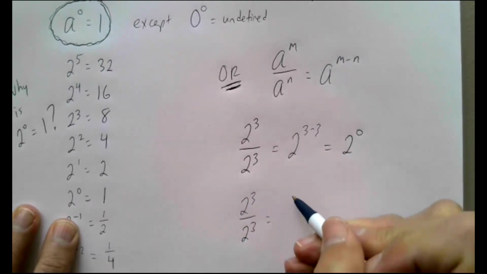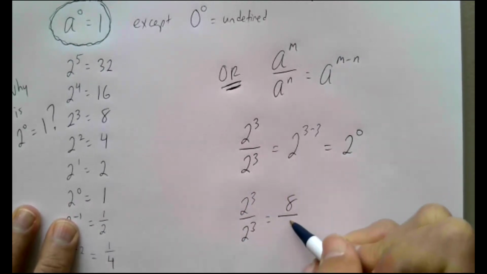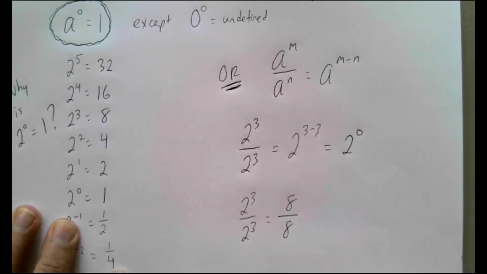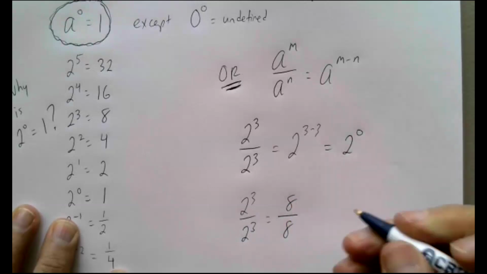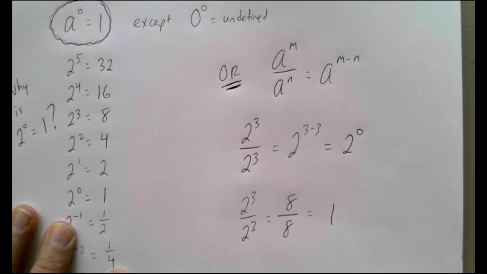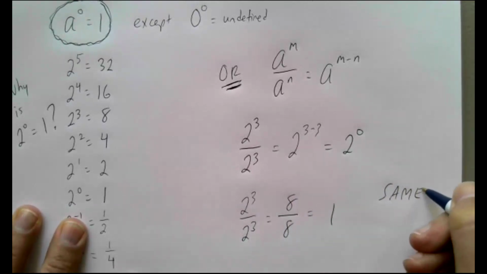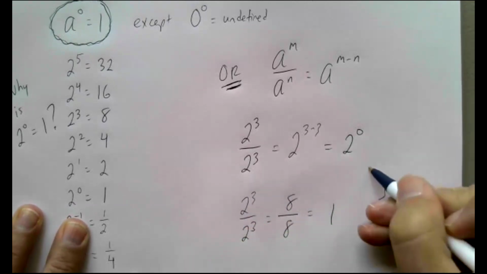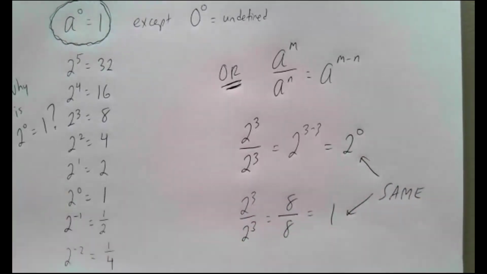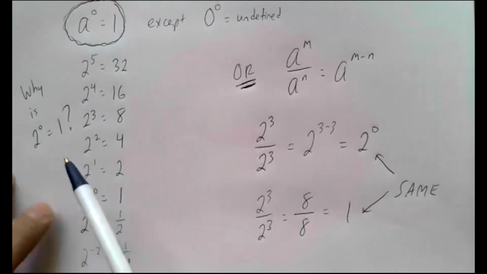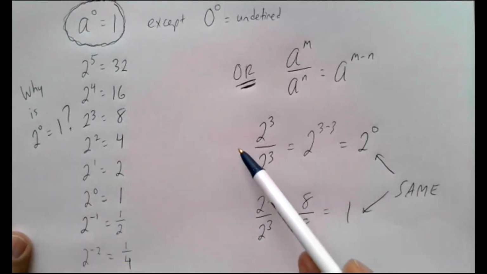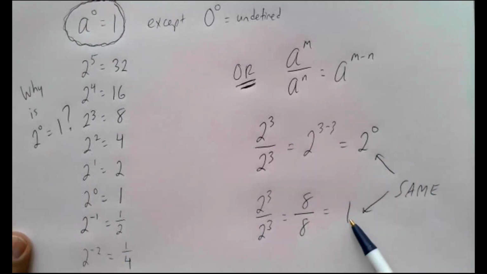In fact, if I computed 2 to the third, 2 times 2 times 2 is 8, and 2 times 2 times 2 is 8, and 8 divided by 8 equals 1. We know when we see a fraction and we have the same exact thing on the top and bottom, it's always 1. And so that's two valid ways of looking at this. And if they're both valid ways, they better be equal to each other, right? 2 to the 0 better equal 1 because this is good math and this is good math.